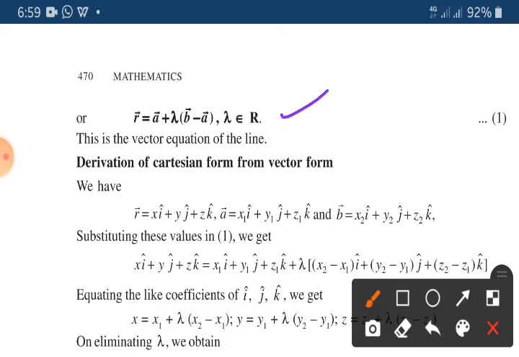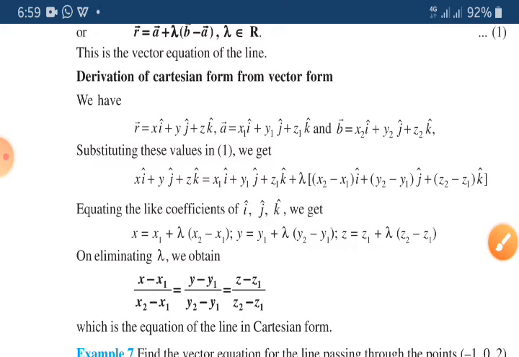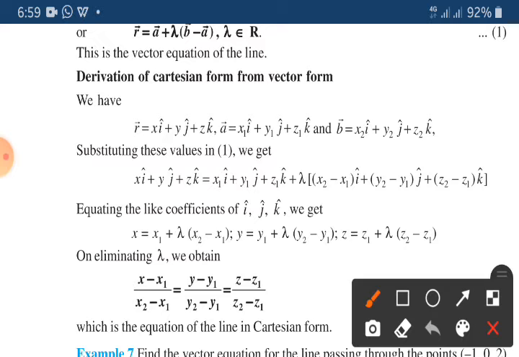Next, derivation of the Cartesian form from the vector form. We have r vector equal to x i cap plus y j cap plus z k cap, a vector equal to x1 i cap plus y1 j cap plus z1 k cap, and b vector equal to x2 i cap plus y2 j cap plus z2 k cap. Now put all these values in equation number 1.